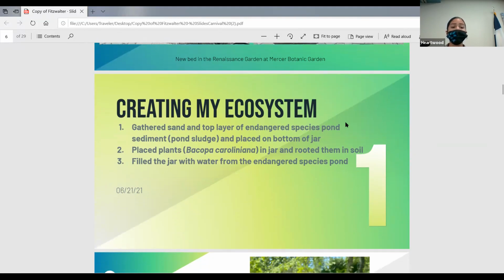So the first thing that I did was gathering sediment, which was the sand in the top layer of the endangered species pond, and I placed it on the bottom of the jar. And then I gathered a bunch of plants. In this case, I gathered the Bacopa caroliniana and I rooted it in the bottom of the jar. And then I finally filled the jar with water from the endangered species pond.